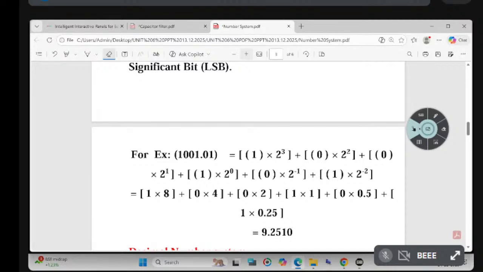Convert binary to decimal. Without decimal point, with decimal point. A bit, B bit. So the binary system is completed.